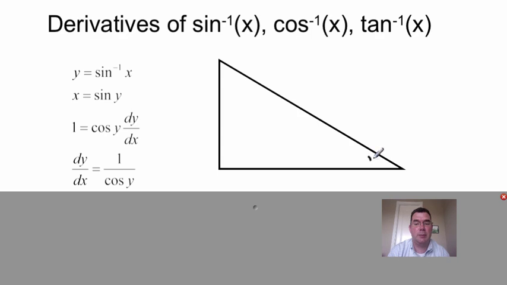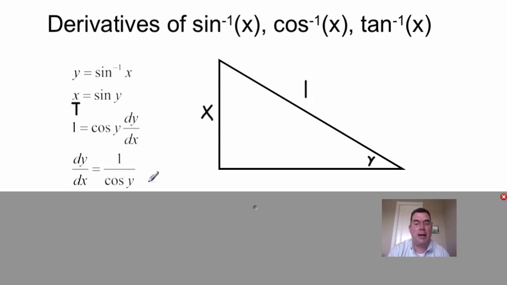So let me put my y down here. And then the sine of it would be the opposite over the hypotenuse. So x is like x over 1. So I'm basically creating a ratio of this angle where the opposite is x and the hypotenuse is 1. So here's my opposite, which I will call x, and here's my hypotenuse, which I will call 1.